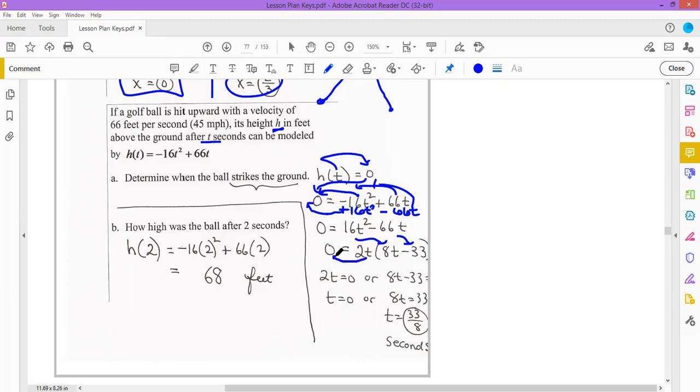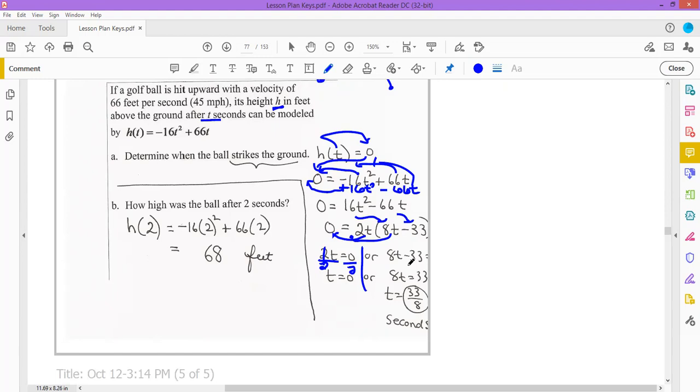Now we'll set both of these factors equal to 0 and solve. So 2t equals 0 or 8t minus 33 equals 0. So on the left side, we're going to divide both sides of this equation by 2, and we'll get t equals 0. Or on the right side, we're going to add 33 to both sides of the equation.